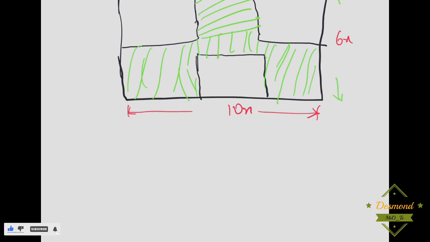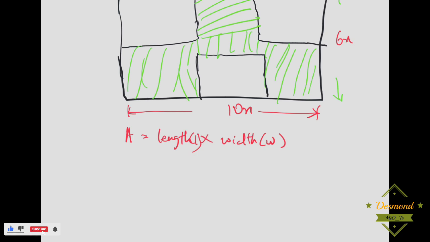So how do we do that? Now the area of the entire region can be found by using the formula for the area of a rectangle, right? So what is the area of a rectangle? We know that the area A is equal to length times width, so W and L, right?